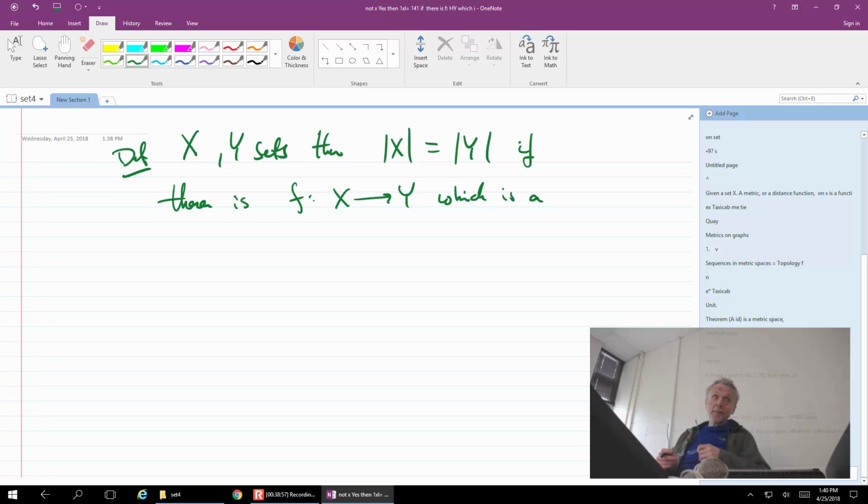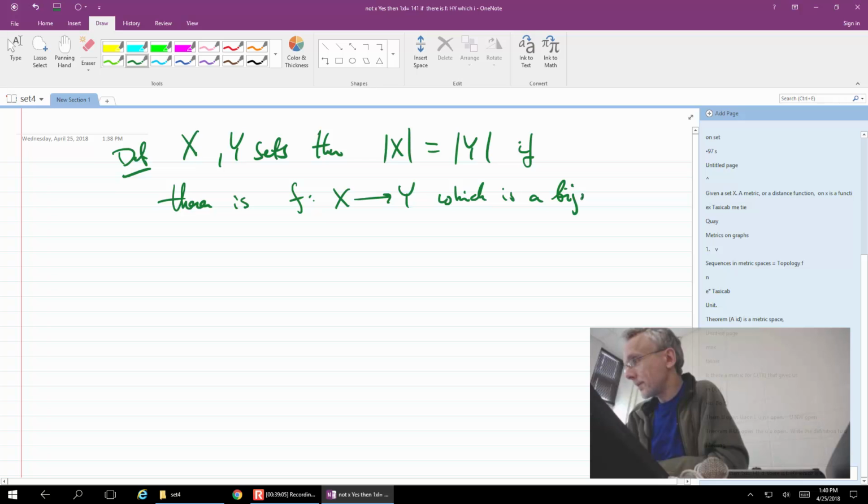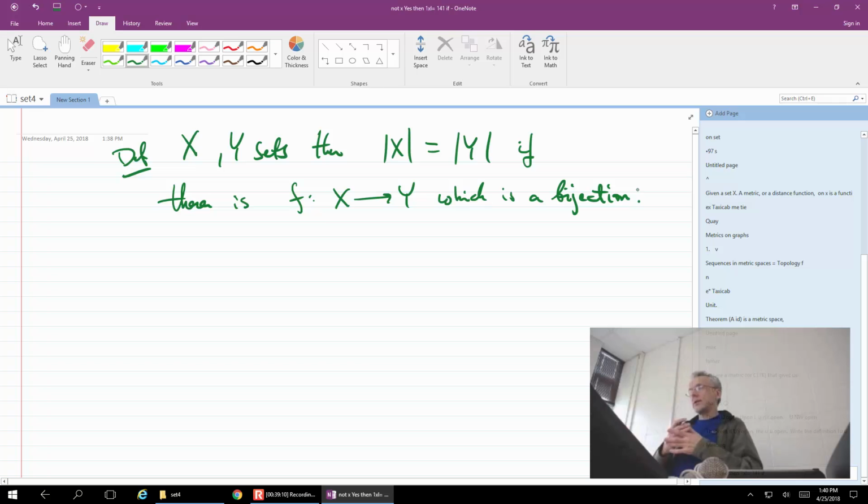Is it quadratic? Maybe trigonometric? It might be one-to-one, one-to-one and onto. Or in other words, a bijection. A bijection is what compares the sizes of two sets. Okay, so we did it. It works perfectly well for finite or infinite sets.